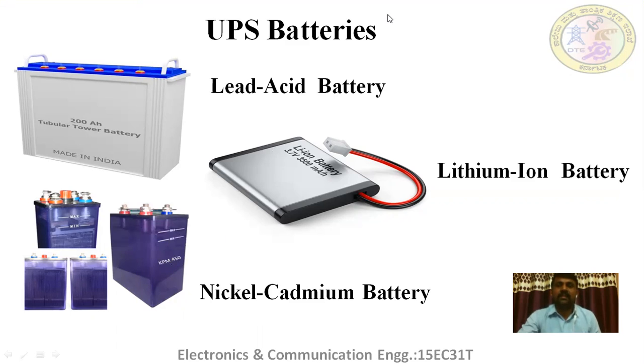And the third one, lithium ion battery. This is used in portable electronic devices. You can find these batteries in your mobile phones. Also, this type of batteries are used in electric vehicles. It uses lithium compounds to hold electricity in it.